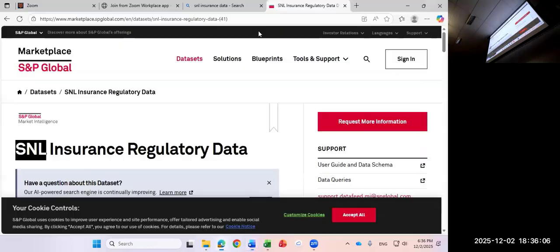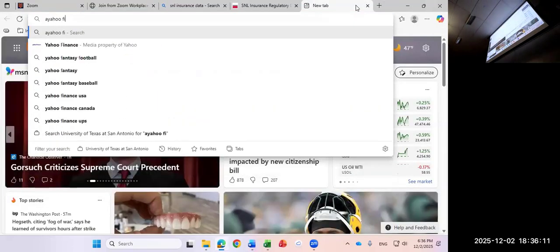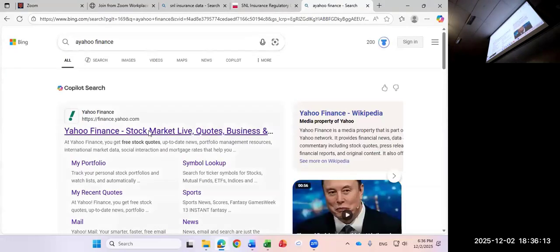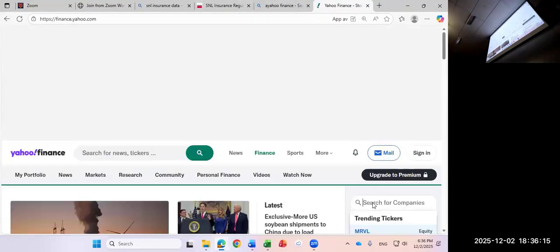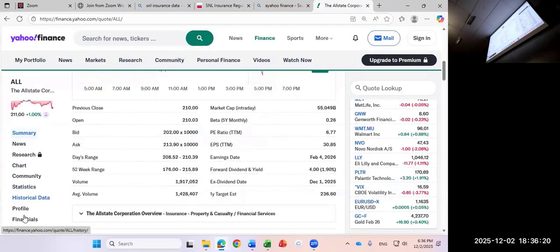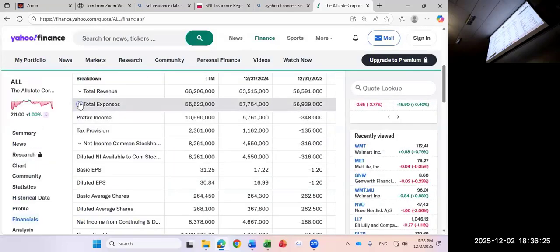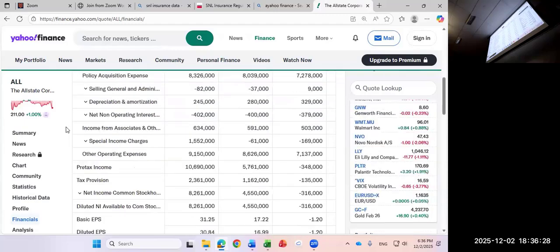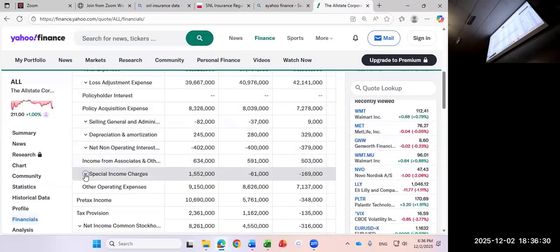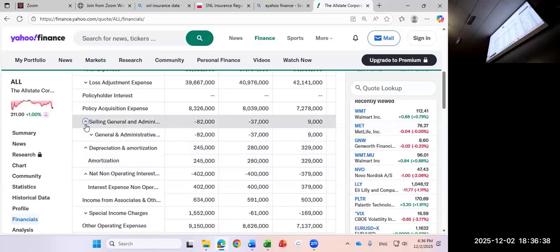I could even show you, if I showed you Allstate. Oh, I can't spell Yahoo. But you can actually even see it in their financials, and it's not an inconsequential number. I'm trying to find where they put it, but it's in here.